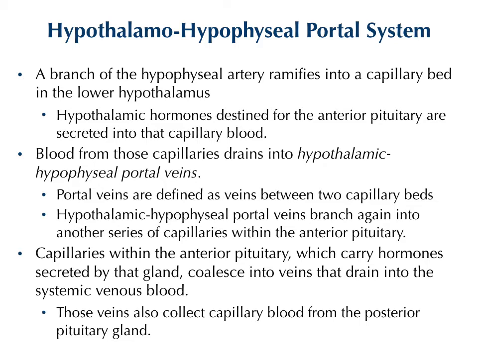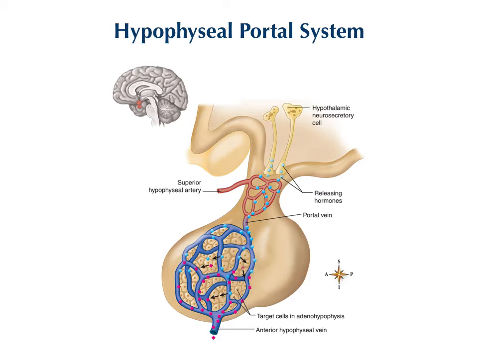I just pretty much went through this whole hypothalamic portal vein connection and how they branch. So let's look at it on a picture. And here you see it. Once again, you have the hypophyseal artery that's ramifying in a capillary bed in the lower hypothalamus.